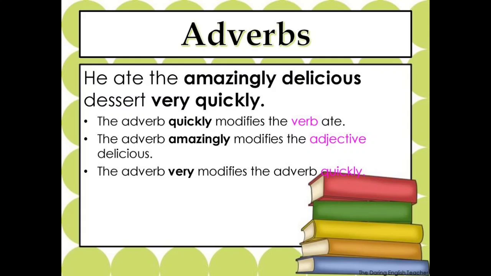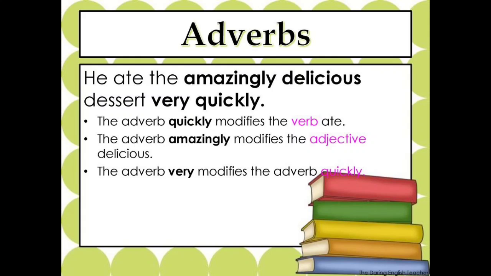First one quickly shows the adverb of manner. Amazingly shows the adverb of manner. Very shows the adverb of frequency. So quickly, amazingly, very. These are the three adverbs that we can see in this sentence, and each of the adverbs modifies the verb, adjectives, and another adverb.